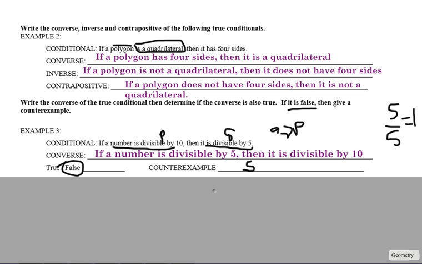Remember, divisible means it goes into evenly without a remainder. Then it is also divisible by 10. Well, 5 divided by 10 gives us 1/2. That is not divisible by 10. You also could have said 15, could have said 25. Anything that you divide by 10 that gives you a remainder is going to be a counterexample.